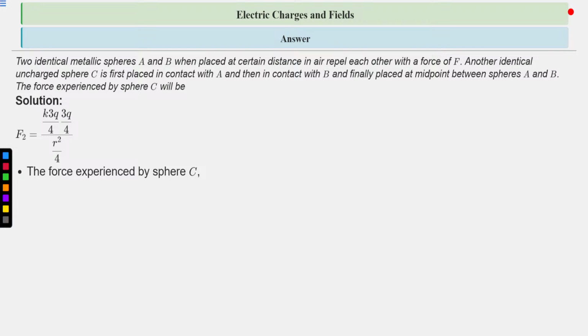Now the net force experienced by sphere C is F prime, which is F2 minus F1, which is equal to K times (3Q by 4 minus Q by 2) upon R square by 4, into 3Q by 4.